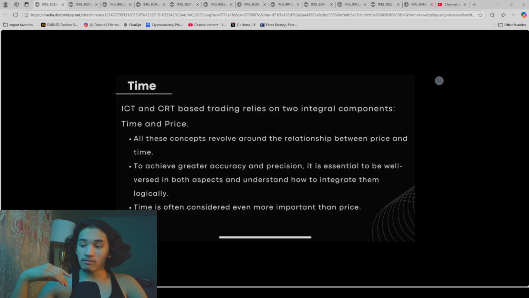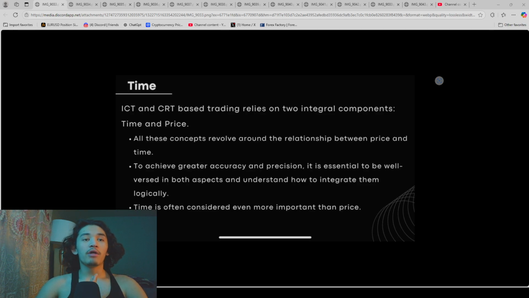All of these concepts revolve around the relationship between price and time. To achieve greater accuracy and precision, it is essential to be well versed in both aspects and understand how to integrate them logically. Time is often considered even more important than price. That's why I said time comes before price.